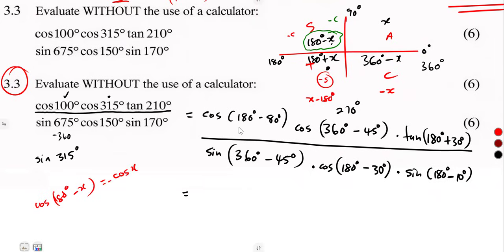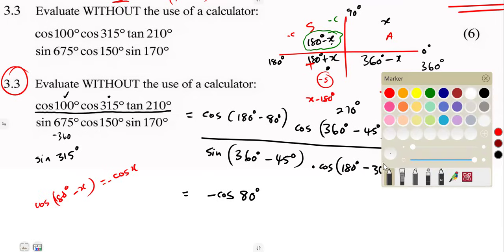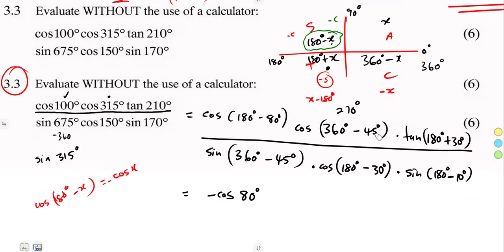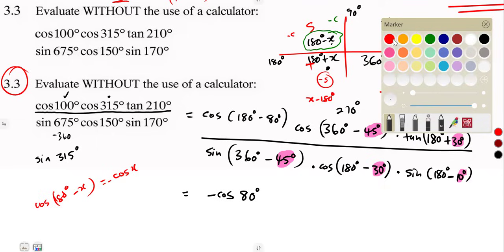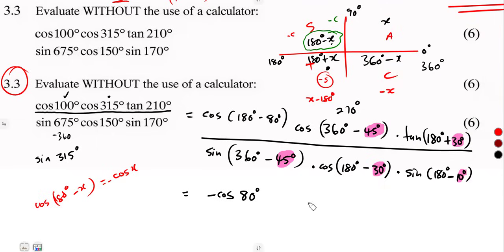So what about cos 180 degrees minus 80? It is going to give us the same thing, negative cos of what? The acute angle. Your acute angle is what? 80 degrees. So that's negative cos. So these are the acute angles, guys. 45 degrees, 30 degrees, 45 degrees, 30, 10. Just like that. So you must consider the quadrant where it is found.